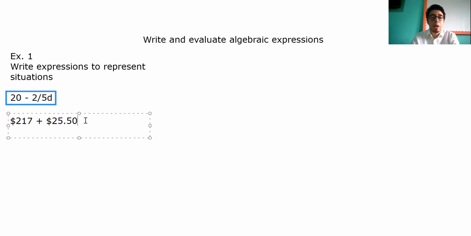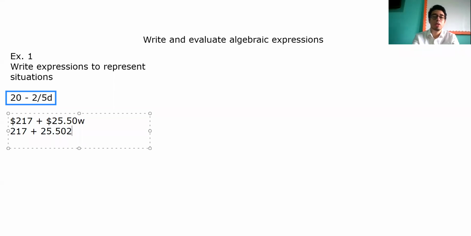We multiply the amount she's going to deposit by the number of weeks. And the expression contains dollars, so the only thing that I'm going to do is take away the symbol of the dollars, because they want the expression as a formula.